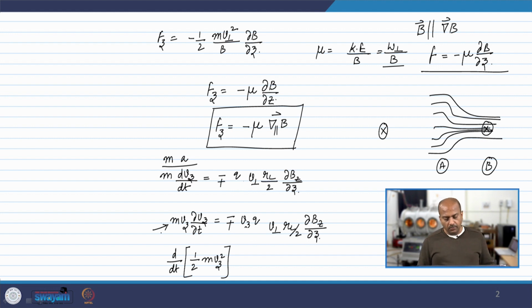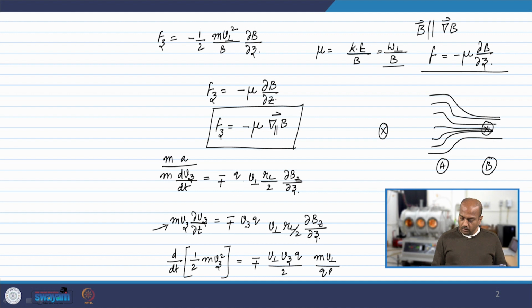The right hand side will be equal to minus plus v perpendicular, the perpendicular component of the velocity, and we have Vz anyway, times q by 2. I have expanded RL, the definition of RL, right, m v perpendicular by qB.